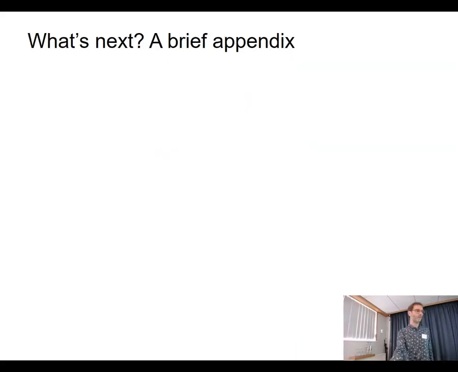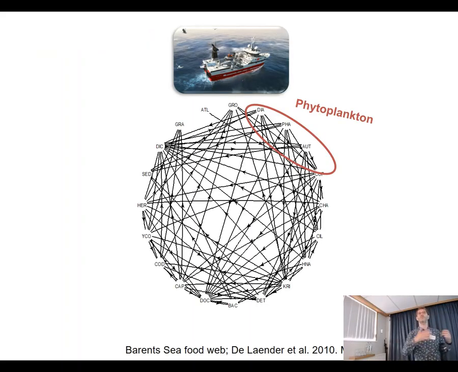And then to finalize, I have two short ideas that I just want to introduce that I think are interesting for future research directions. The first point is that I have now always, and together with me many others, focused on communities composed of one trophic level, in my case phytoplankton. But the phytoplankton, of course, is only a part of what are in reality quite complex food webs, as we call them.